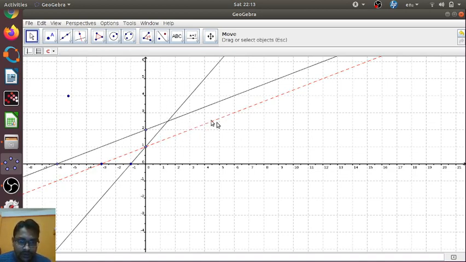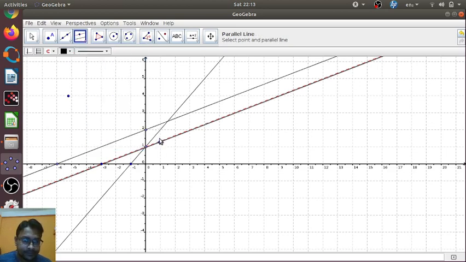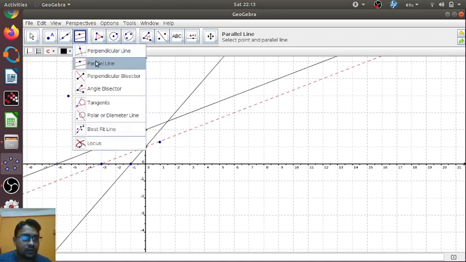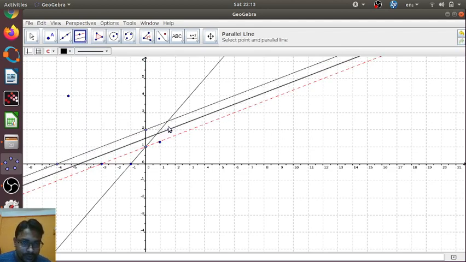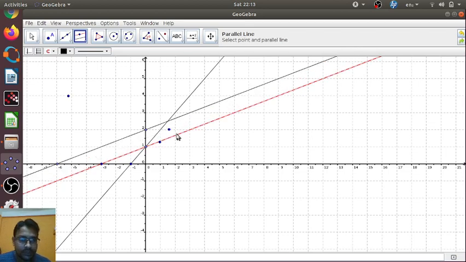So the feasible region was this side, and if we move the cost line parallel to itself, see, this is the line, and if we move it parallel to itself, it ultimately coincides with this particular line, the boundary of one of the constraints.